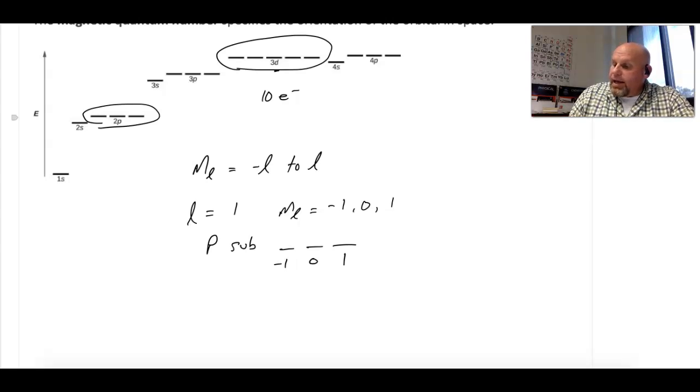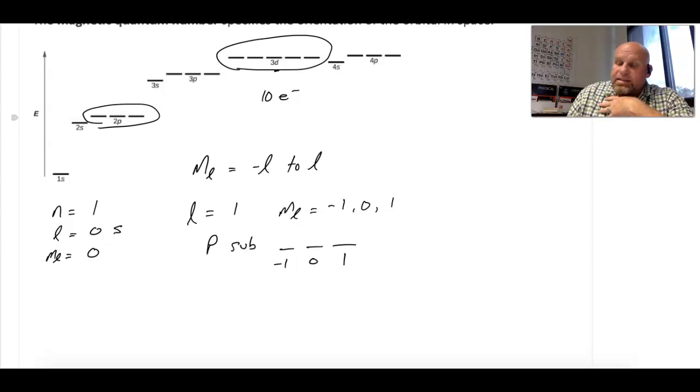If I had an n value of 1, that means my L value is only 0, and that means my M sub L value would also then be only 0. Okay, so let's make sense out of this. My first energy level, the L value is 0 to n minus 1, so 1 minus 1 is 0, so I only have the possibility of an L value of 0.